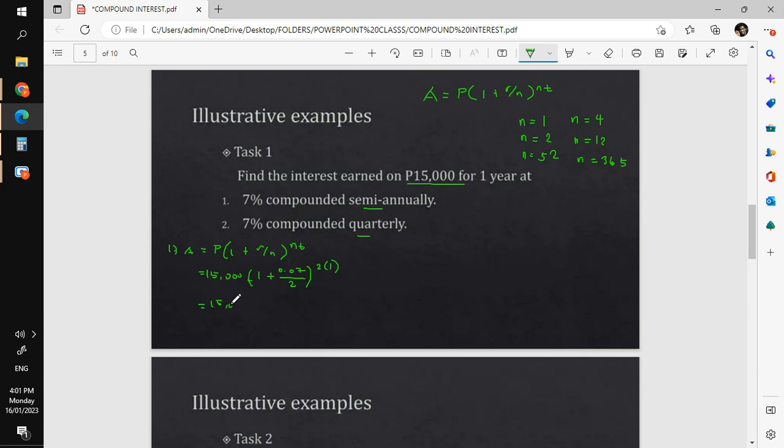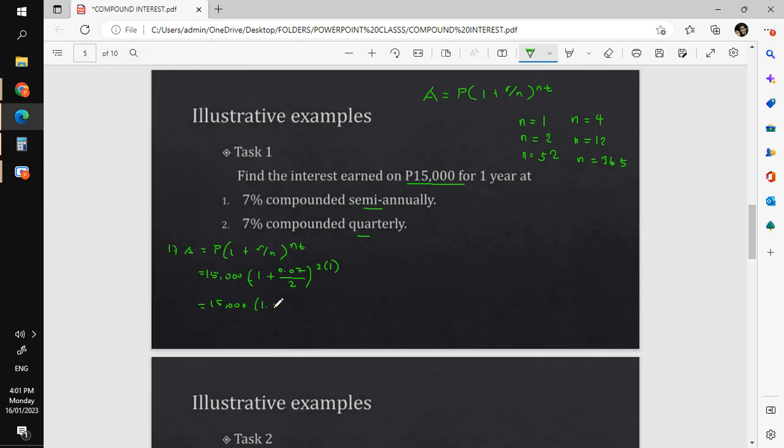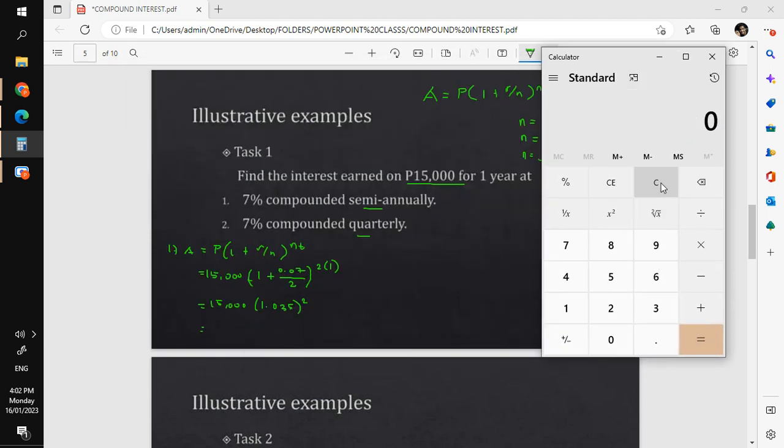Now, let us simplify. This is 15,000 times 1 plus 0.07 divided by 2. That gives us 0.035 plus 1, so that is 1.035 raised to 2. Now, using your scientific calculator, we have 1.035 times 1.035.